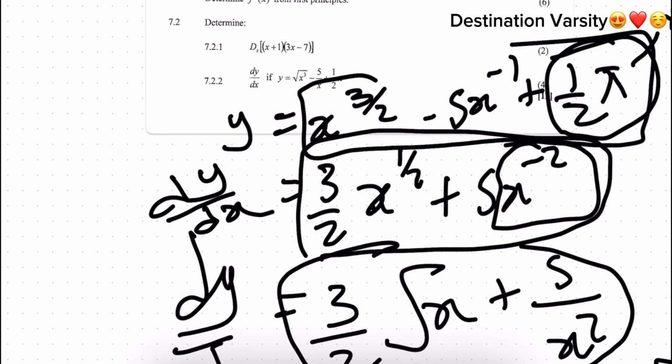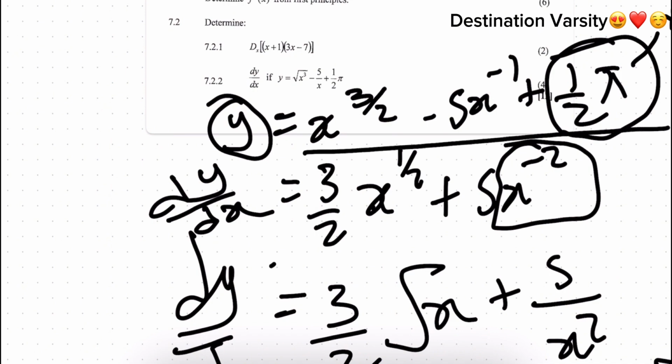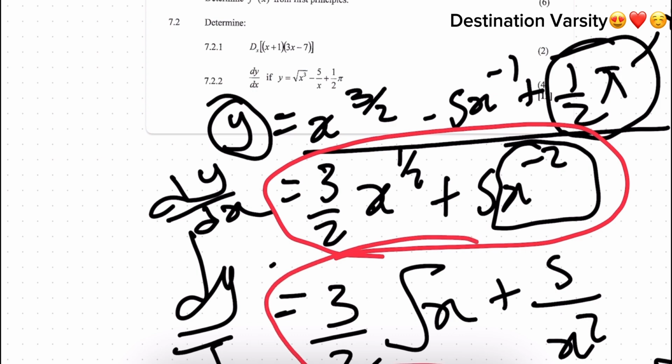So denote which one is what, because if you don't denote which one is y, people won't be able to see what you did. This was originally rearranging it in a standard format, and then this is us now taking derivatives and rearranging the derivative into a standard format. That's what I'm saying.